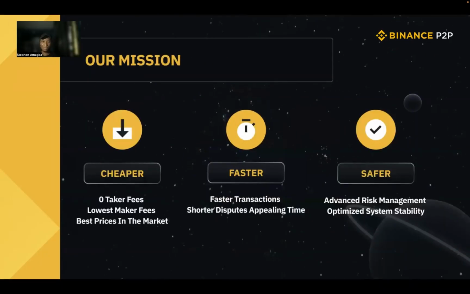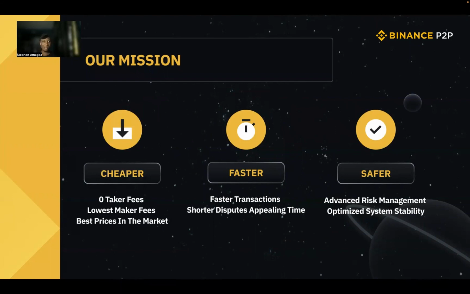Our mission is to make crypto P2P cheaper, by taking zero taker fees and having the lowest maker fees, and to also offer the best prices in the market, because the more people are in the market, the more stable the price is going to be.